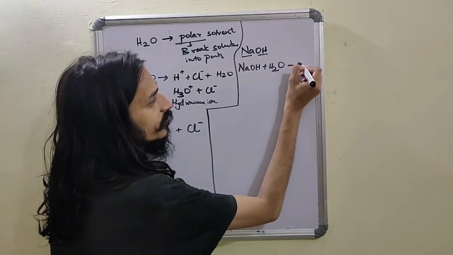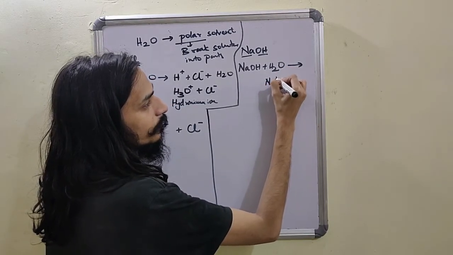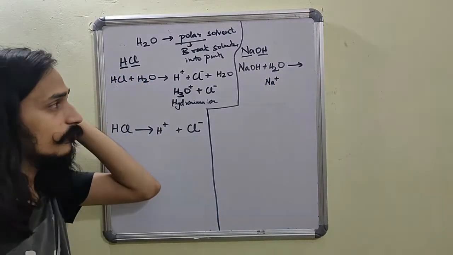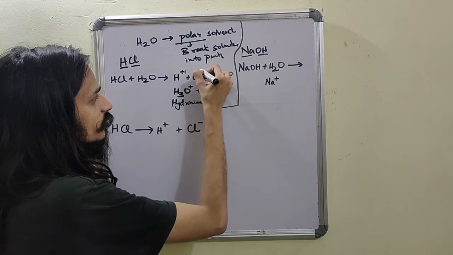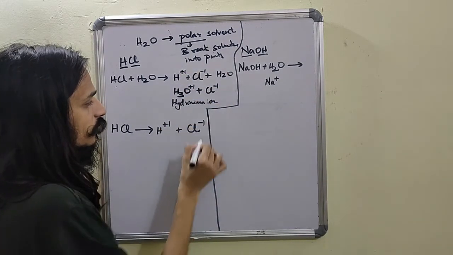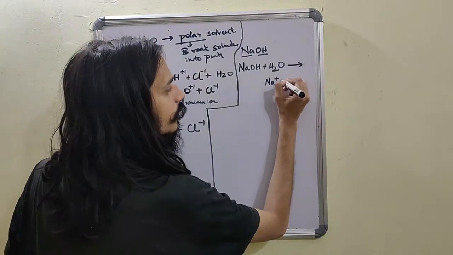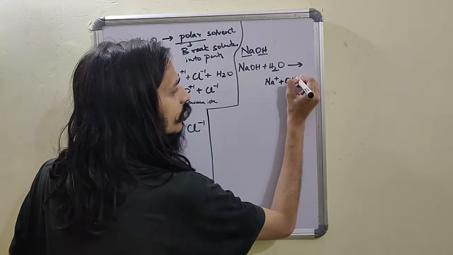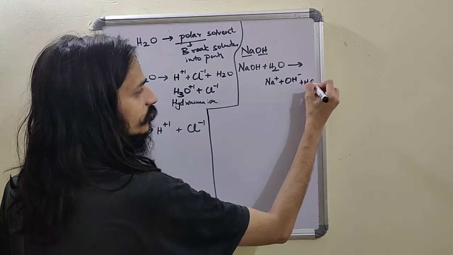Now I know that Na is nothing but Na plus. When I write plus, I mean to say plus 1, okay? If it's more, okay. If it's 1, you can just keep it as plus. It means the same. Plus the remaining part, that is OH, which is OH minus, and the water stays as water.